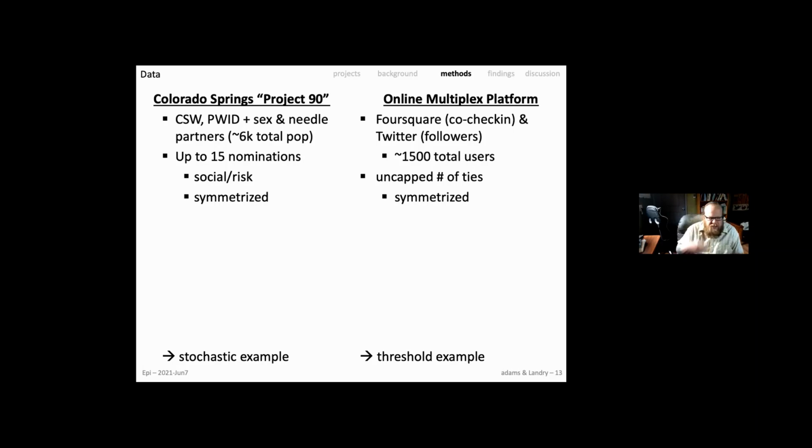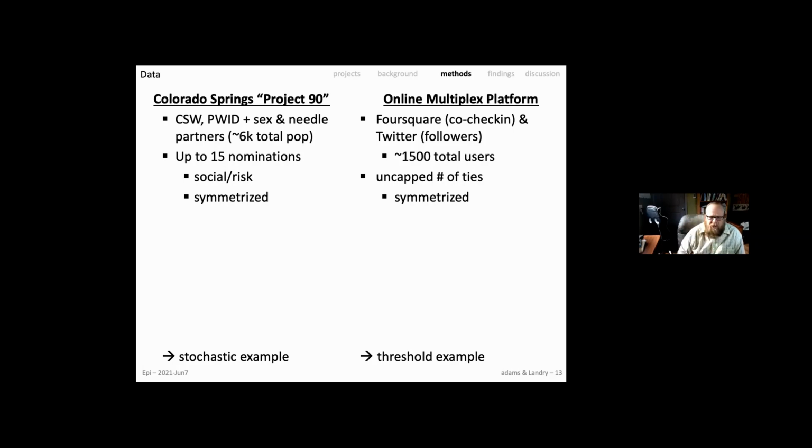We symmetrize these, and that is, we assume if I say I inject drugs with somebody, both partners would perceive that in the same way. In network measurement literature, some people, including myself, sometimes evaluate the differences in nominations versus the differences in the ties. But here we're just going to assume a tie that is reported by anybody is a tie.